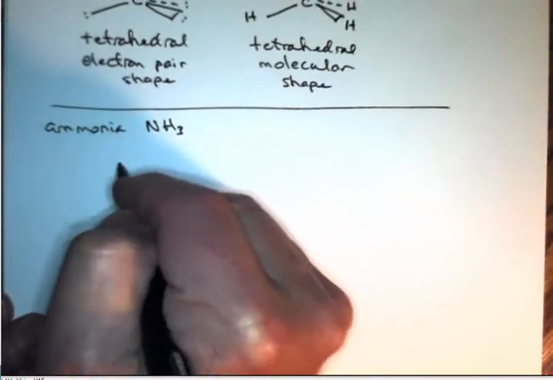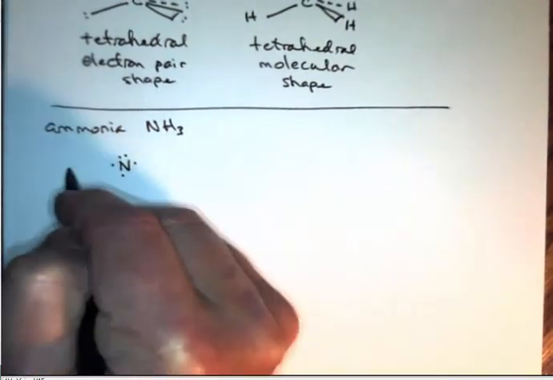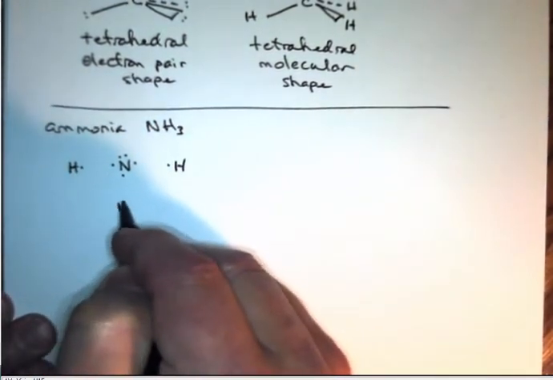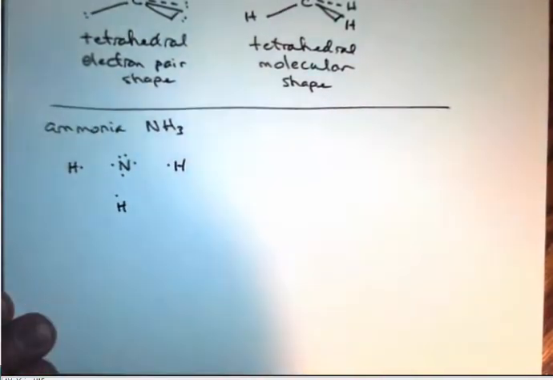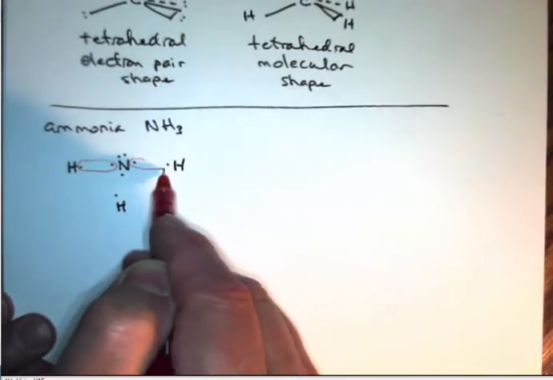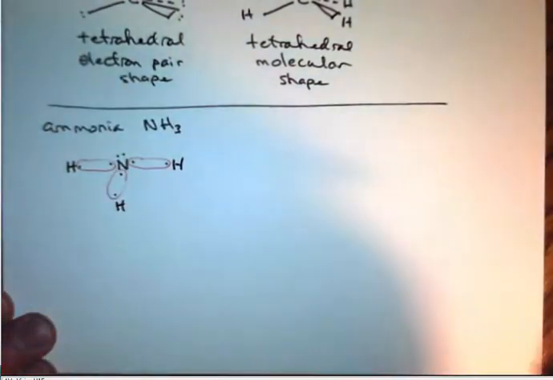Nitrogen has 5 valence electrons. Hydrogen has 1. So we're starting with the electron dot formula. I'm now making a sharing arrangement. And then I'm going to do a Lewis dot formula.